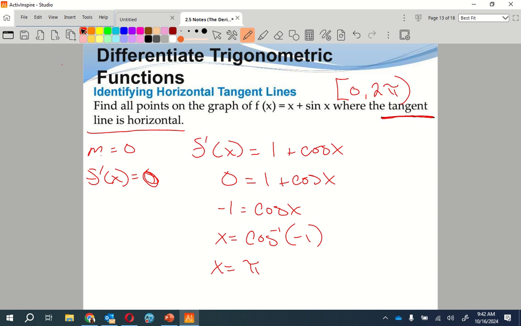It's not happening at 0. It's happening at pi. So when is the next one going to happen? At 3 pi. And the next iteration is going to be at 5 pi. So in the pattern, if I start at pi, the next one's going to be 3 pi, then 5 pi.